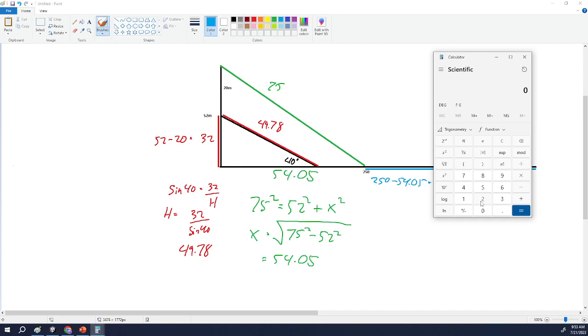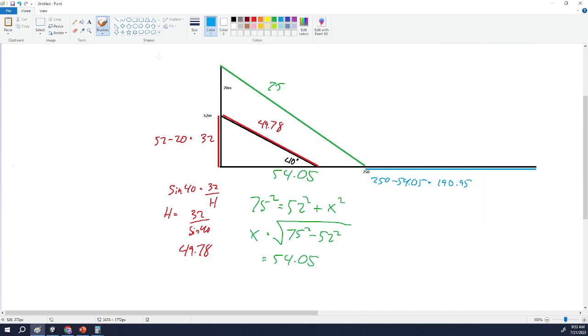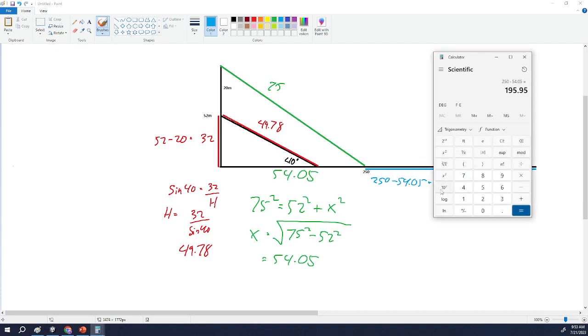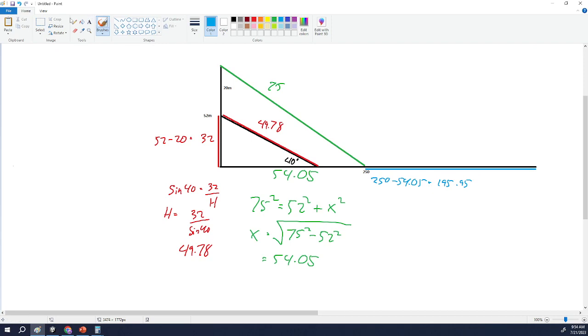Double check. 250 minus 54.05, 195.95. So that is the length here.